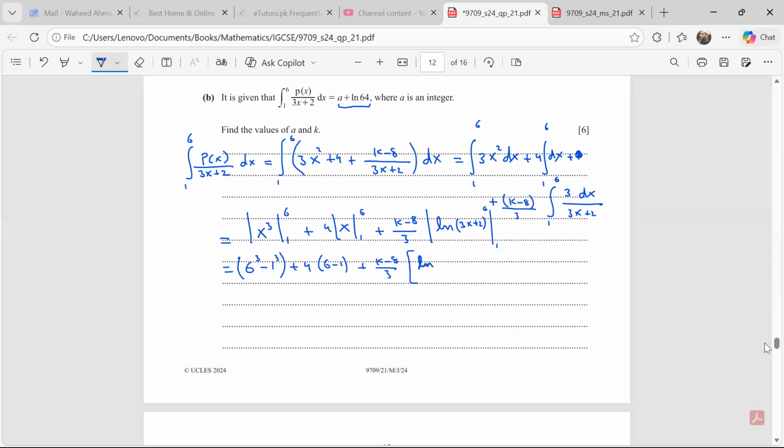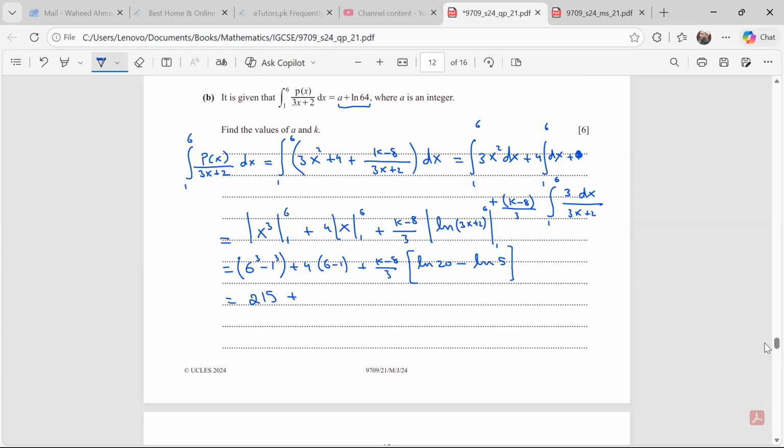This is log of 20. Minus, when I put the lower limit, 3 times 1 is 3 plus 2, 5. So log of 5. So 6 power 3 is 216 minus 1, so this is 215.